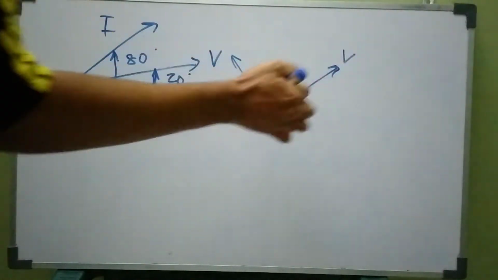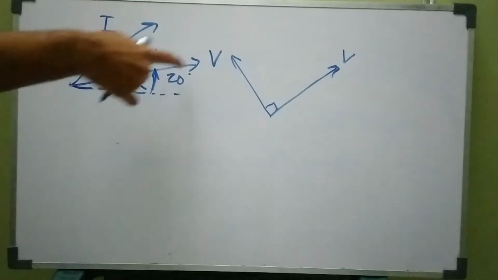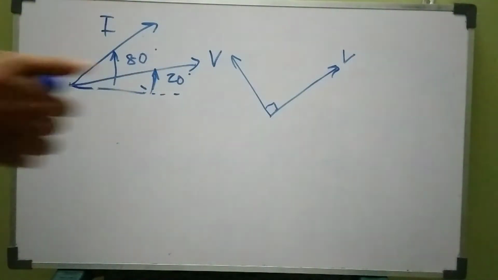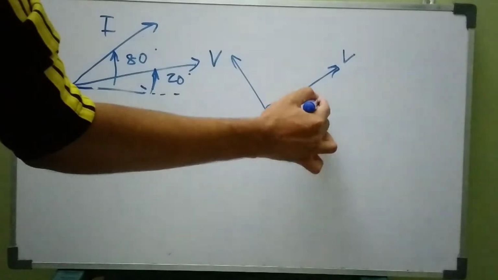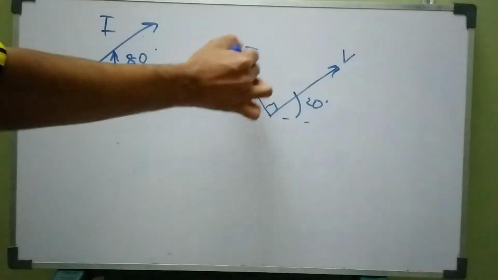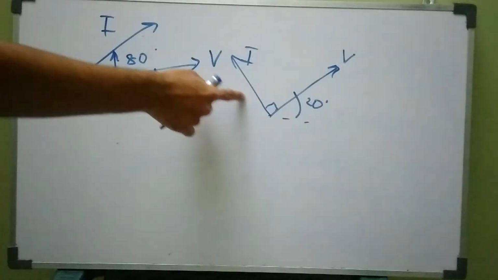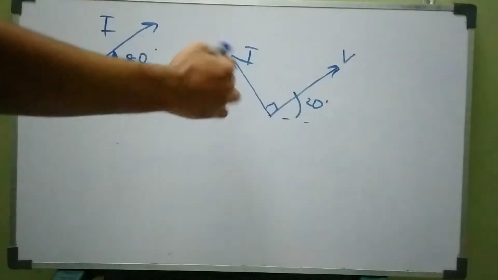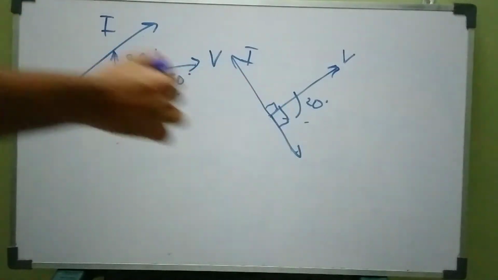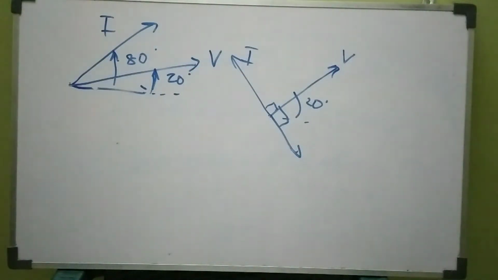If the voltage we are supplying is at a 20 degree phase angle, the current would be 90 degrees upwards or downwards from that if there is only a capacitor or inductor. So we can directly tell there will be a resistor inside this circuit.